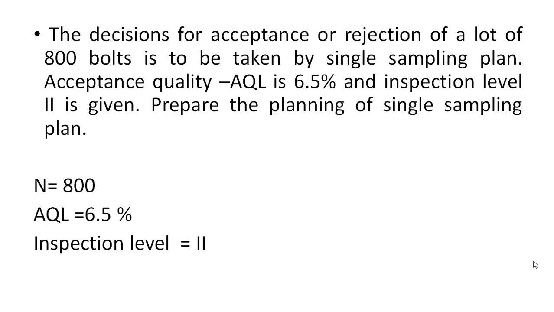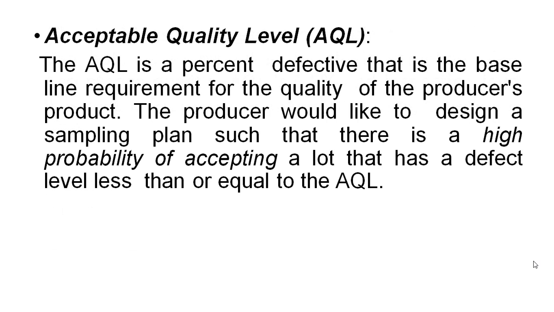To draw the single sampling plan, first we understand what AQL is. AQL is defined by the producer of the product, and it is defined in such a way that there should be a high probability of accepting a lot.